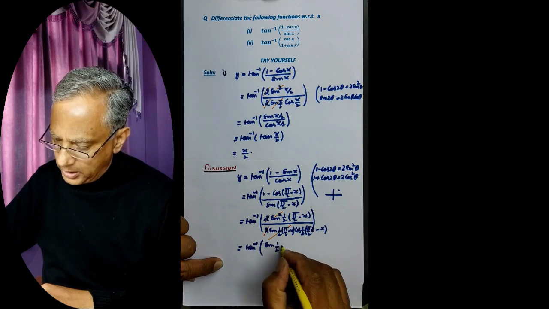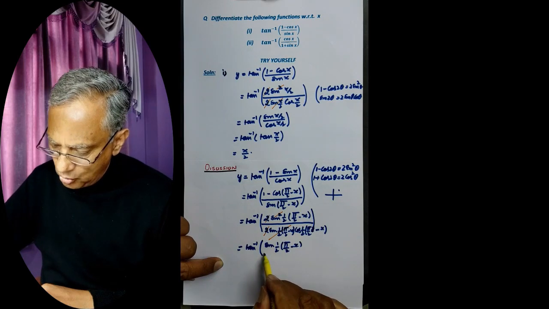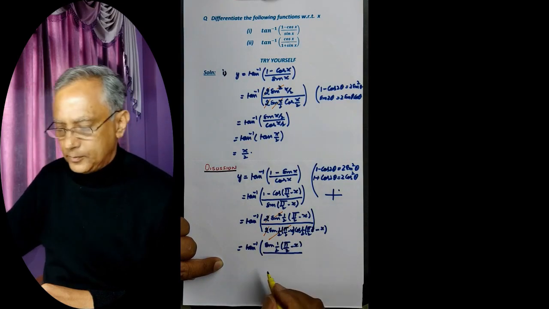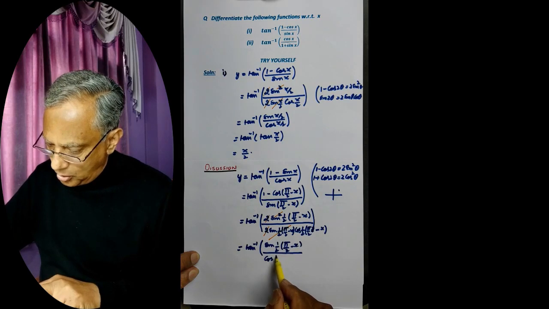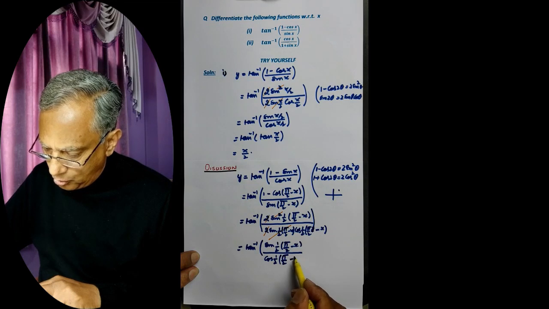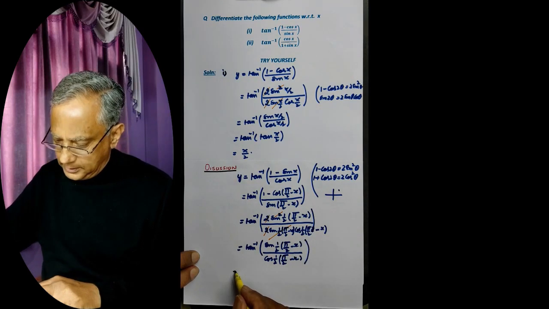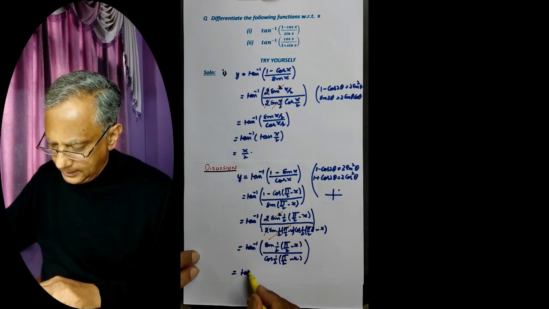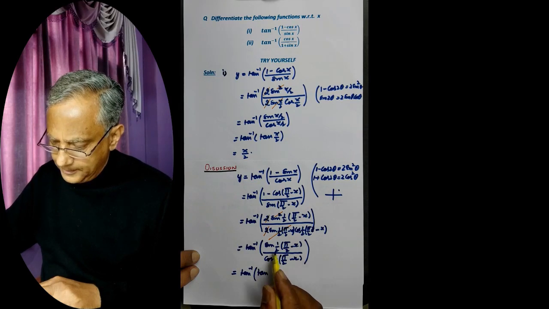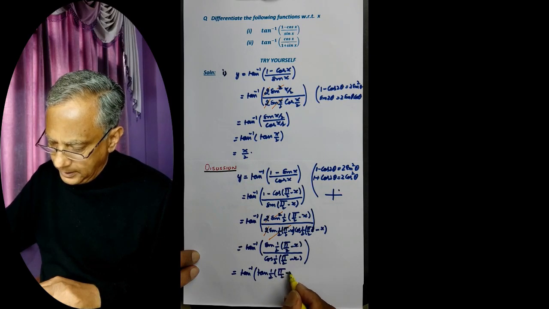We are left with sine 1 by 2 into pi by 2 minus x whole divided by cos of 1 by 2 into pi by 2 minus x, and this is equal to tan inverse tangent of 1 by 2 into pi by 2 minus x.